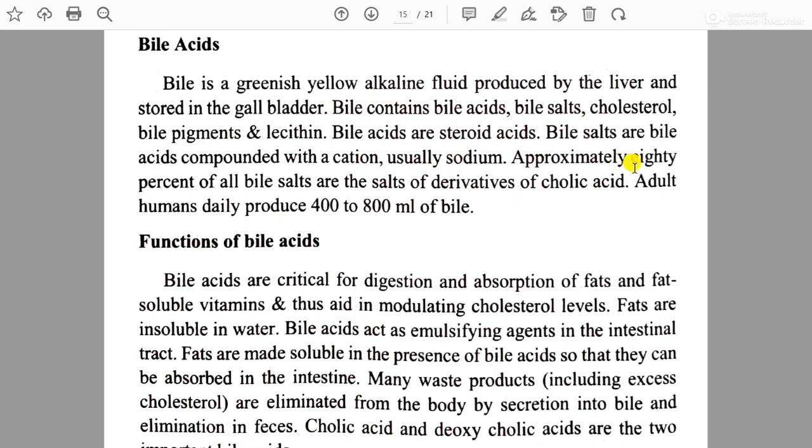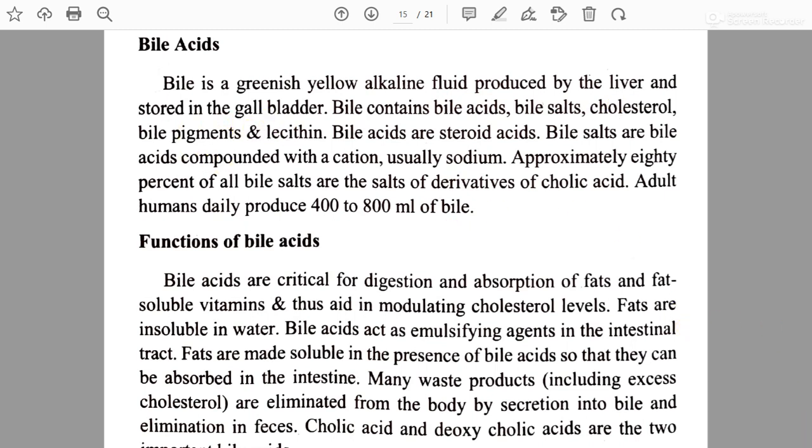Approximately 80% of all bile salts are salts of derivatives of cholic acid, and an adult human produces 400 to 800 ml of bile daily by the liver. The ingredients of this bile are bile acids, bile salts, cholesterol, bile pigments and lecithin.